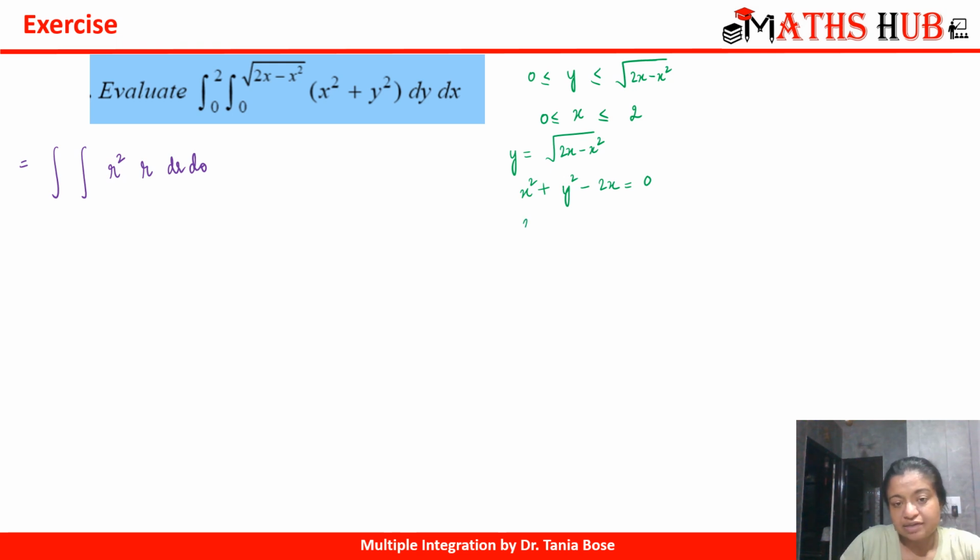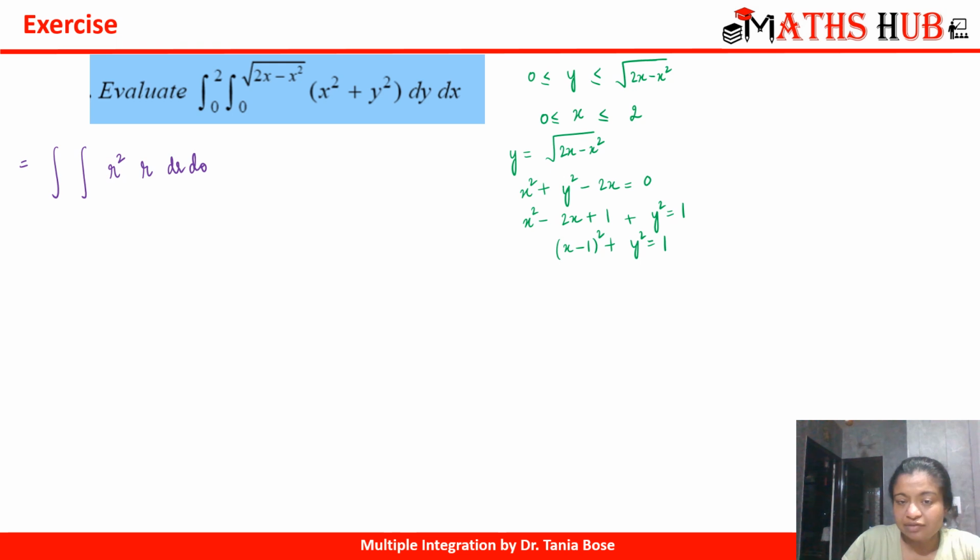So I get x square minus 2x plus 1 plus y square is equal to 1. That becomes x minus 1 whole square plus y square is equal to 1. So what type of curve is it? It is a circle whose center is at 1, 0 and the radius is equal to 1.